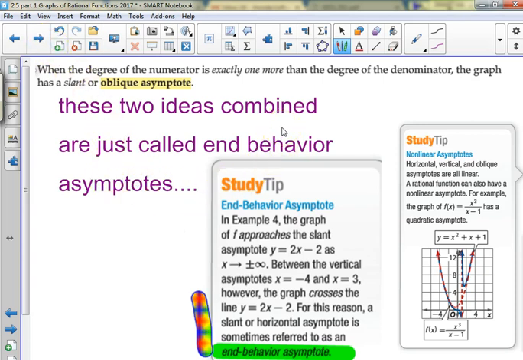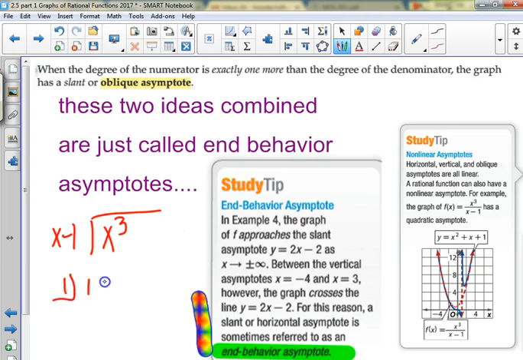All right. Oblique asymptotes aren't always lines at all. That's why they're not only called oblique asymptotes, they're also just called end behavior asymptotes. Here it says x cubed is being divided by x minus 1. Can I use synthetic division for that? I can, right?